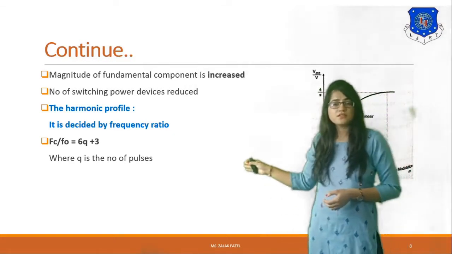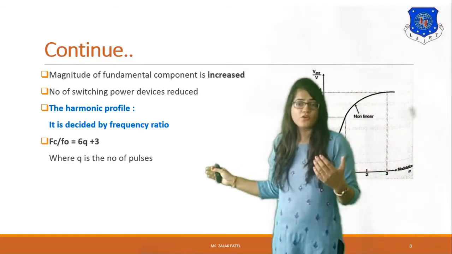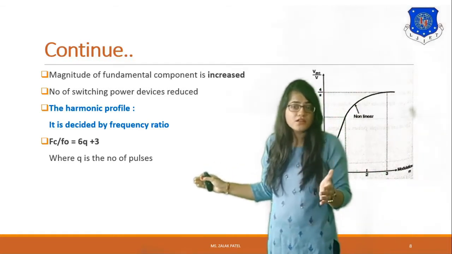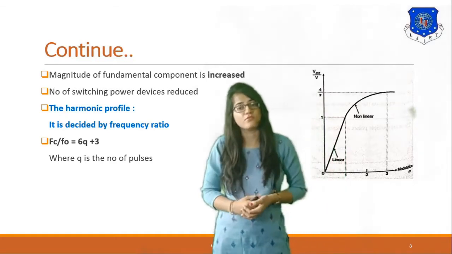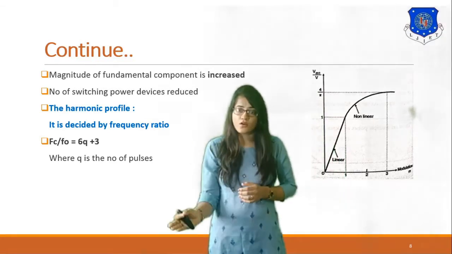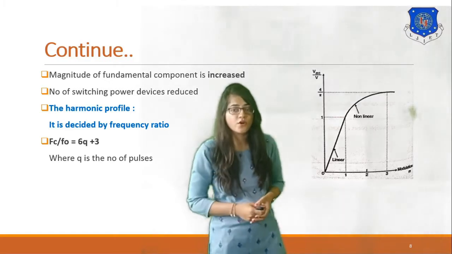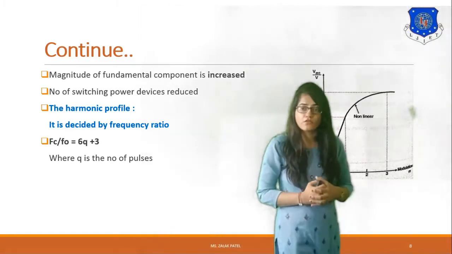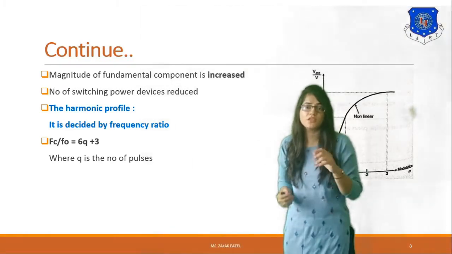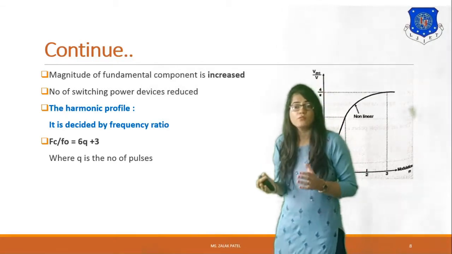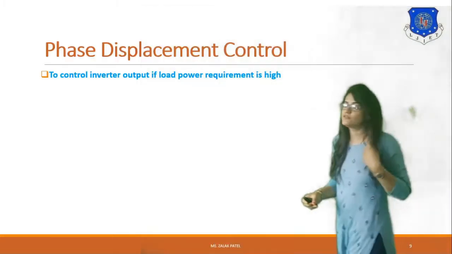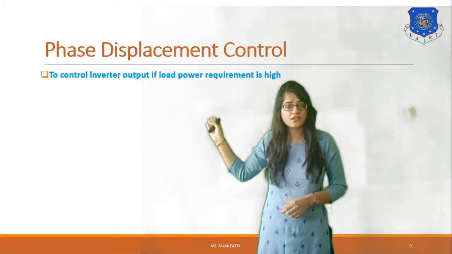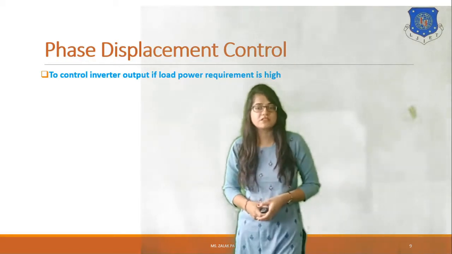So the modulation index depends on the number of pulses, and one thing you should remember is that over-modulation should be avoided, and for avoiding over-modulation the ratio of the modulation index should be as minimum as possible.